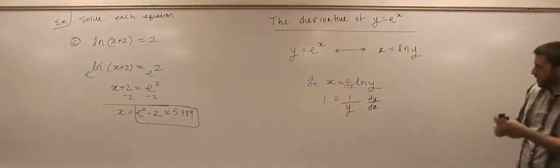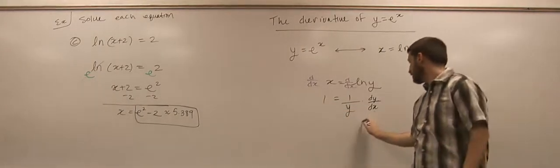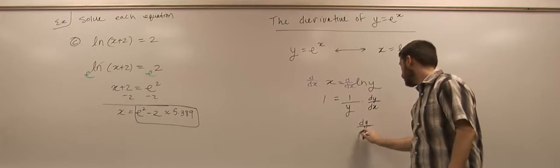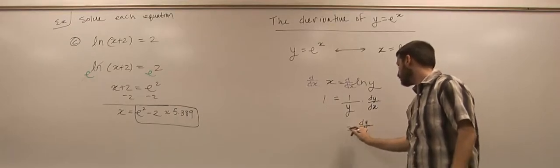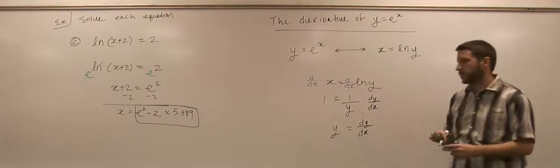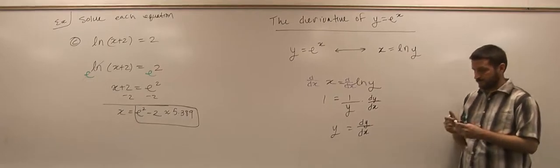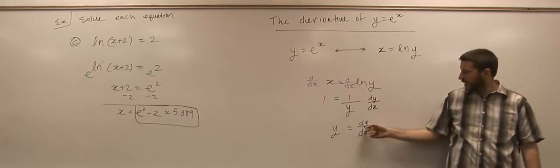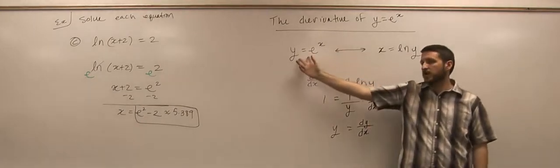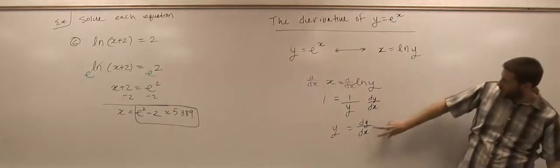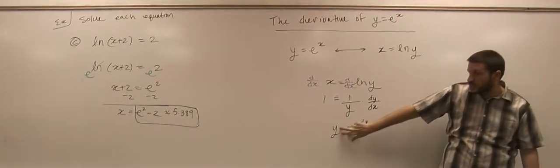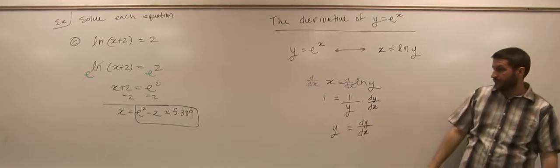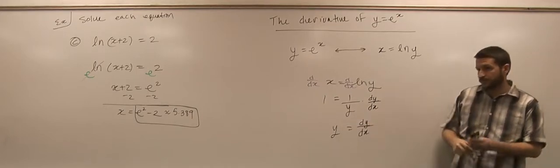So then if I solve for dy dx, dy dx equals y. So this function, which is e to the x, right? y equals e to the x. The derivative is equal to the original function. That's what this is saying. The derivative equals the original.